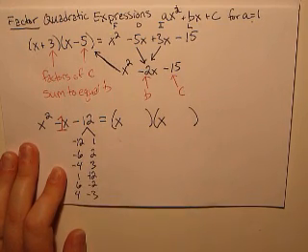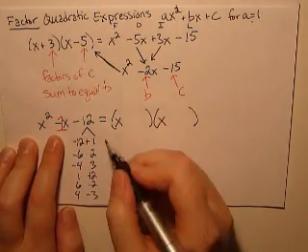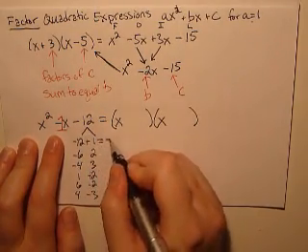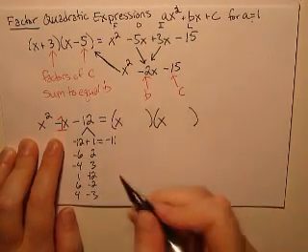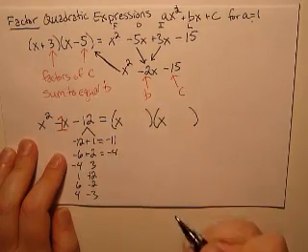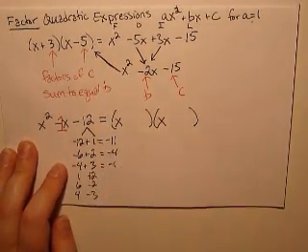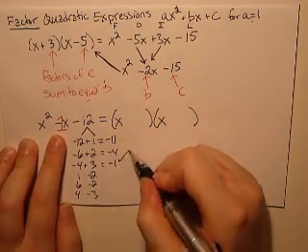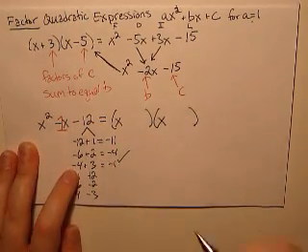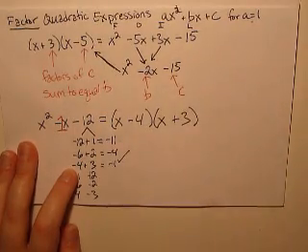So I need to figure out which of these sum to -1. -12 plus 1 is -11. No good. -6 plus 2 is -4. No good. -4 plus 3 is -1. There's my -1. So I'm going to take these numbers, -4 and +3, and insert them into my quadratic.